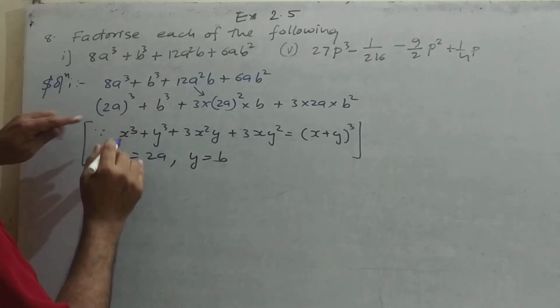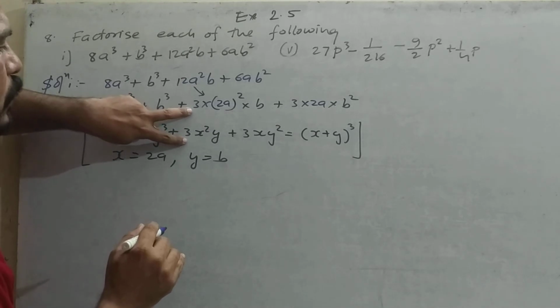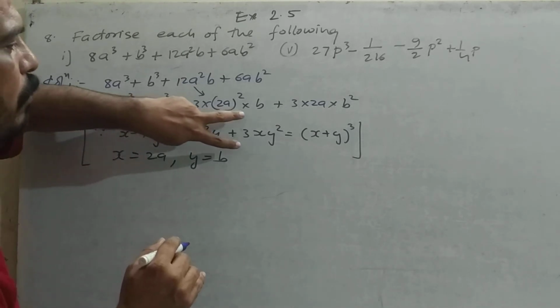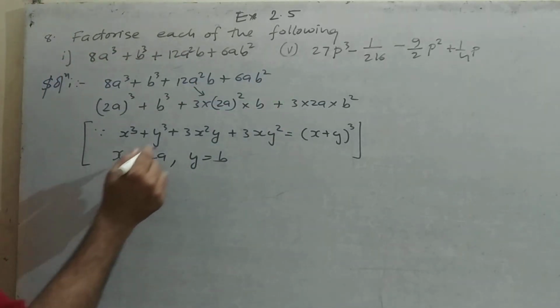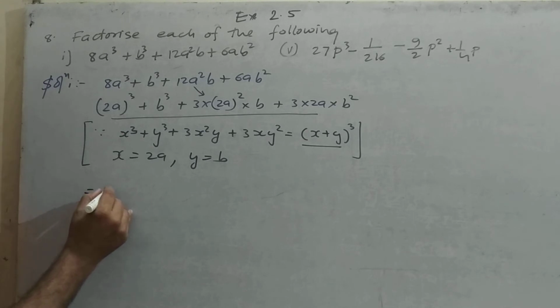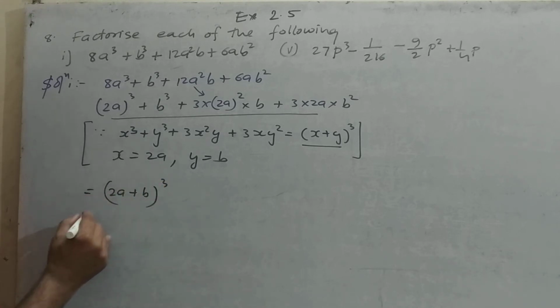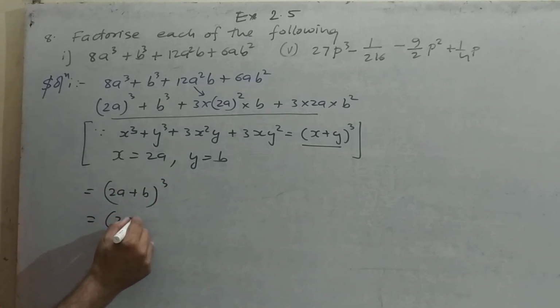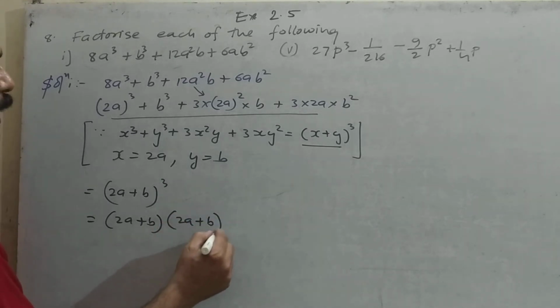So in place of x cube plus y cube plus 3x square y plus 3xy square, you are going to write x plus y, that is, 2a plus b whole cube. If you wish, you can write it down 3 times; that is the bracket, bracket means factorized.